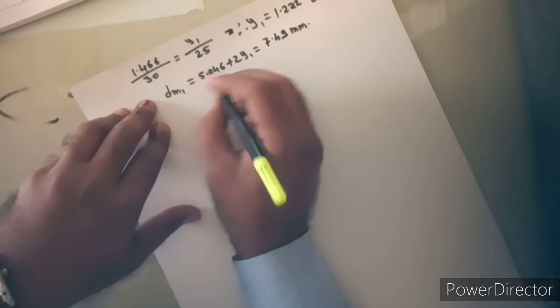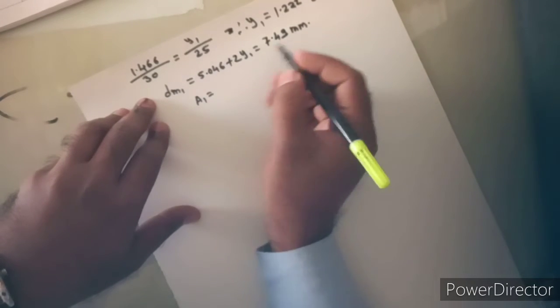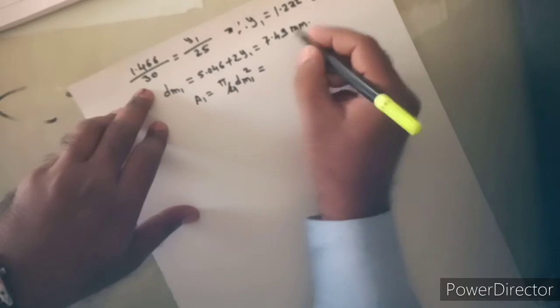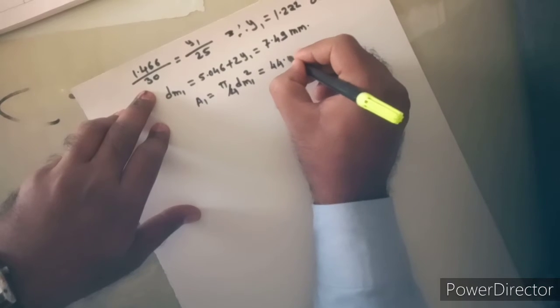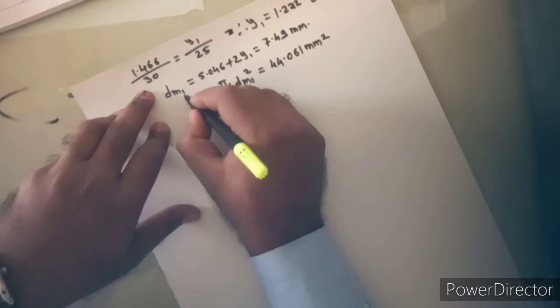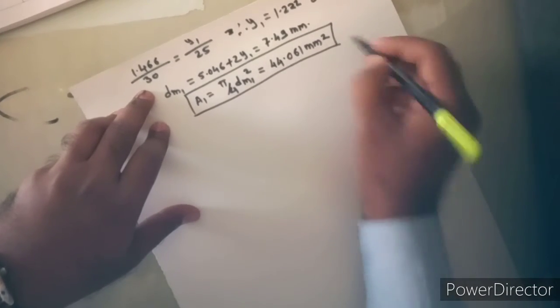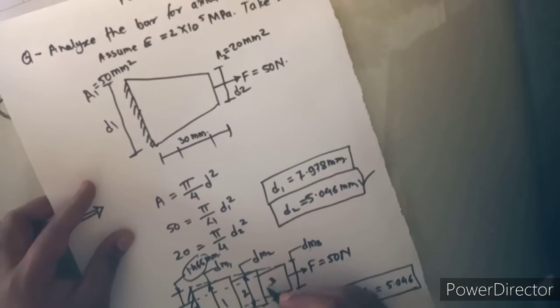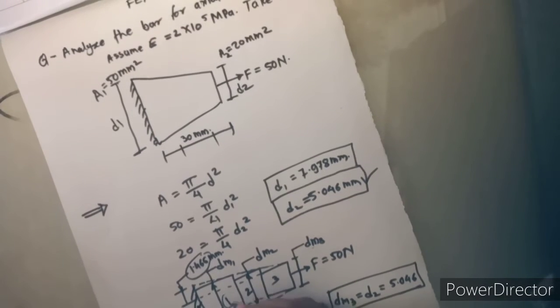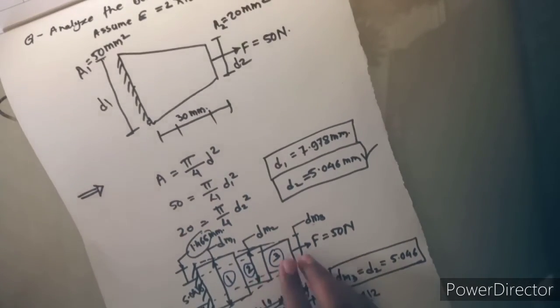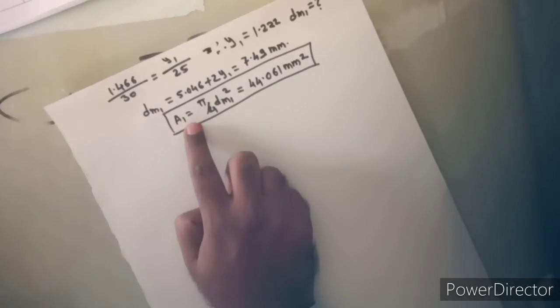Next, the area A1 is pi by 4 DM1 square, which is 44.061 mm square. This is the area for the first element. We want to find the areas for first, second and third, and A1 is this value.